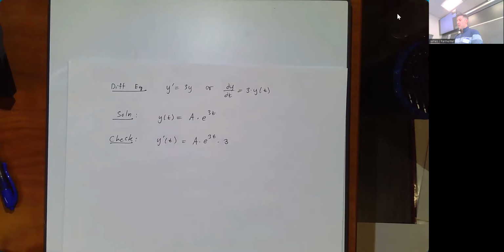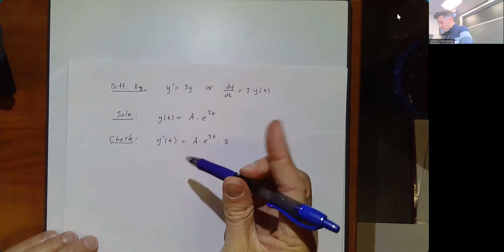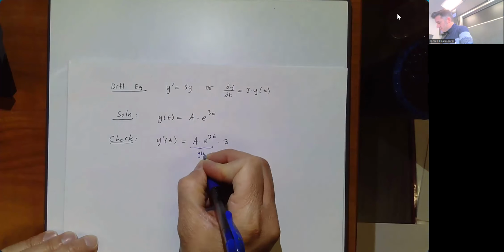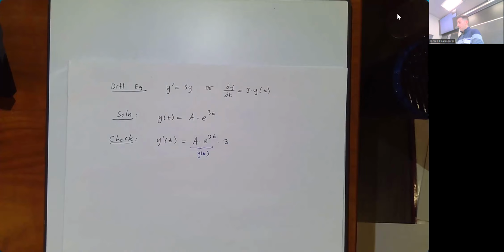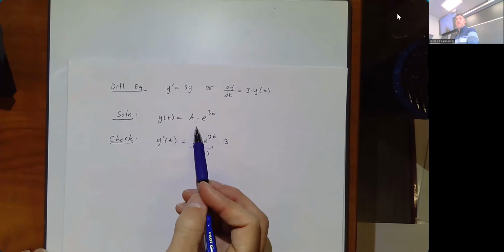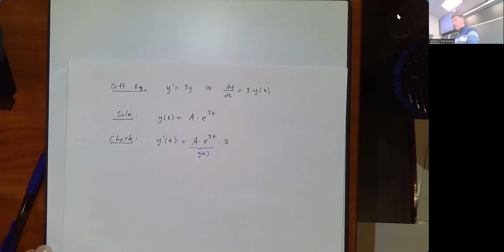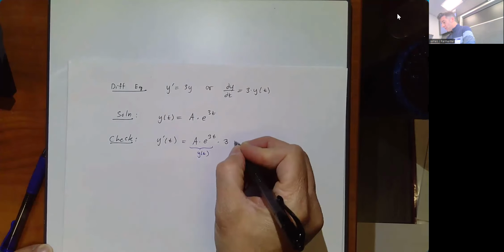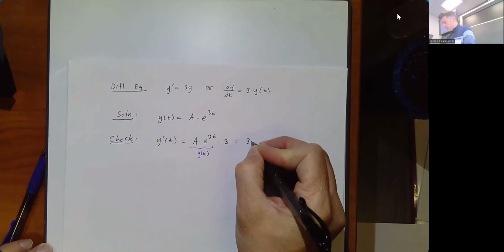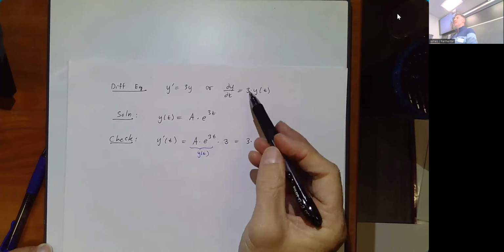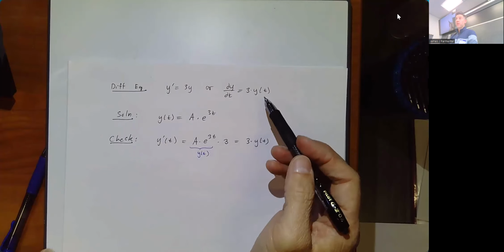But look, that's your function, y of t. Right? Y of t is equal to A times e to the 3t. There it is, right there. So this derivative is equal to 3 times the original function, exactly like we said it did to start off the differential equation.